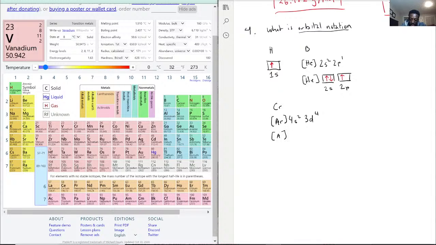We have Ar, and then 3d, 3d, 3d, with 5 boxes. The P rows can fit up to 6 electrons and the D row can fit up to 10 electrons, and the s row can only fit 2 electrons.